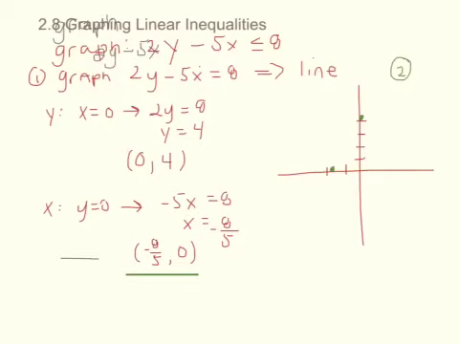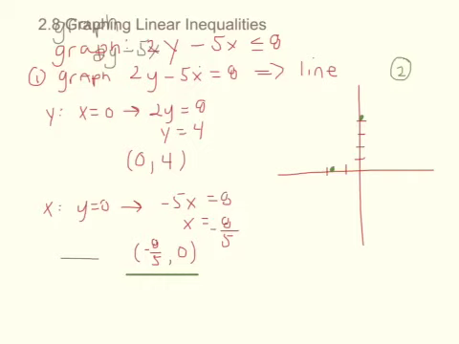The next thing we need to do is connect the 2 points. Since we are graphing an inequality and not a normal linear equation, we will either choose to draw a solid line or a dotted line. For this example, we are going to use a solid line because our inequality is less than or equal to. So we're including those points because it is equal.